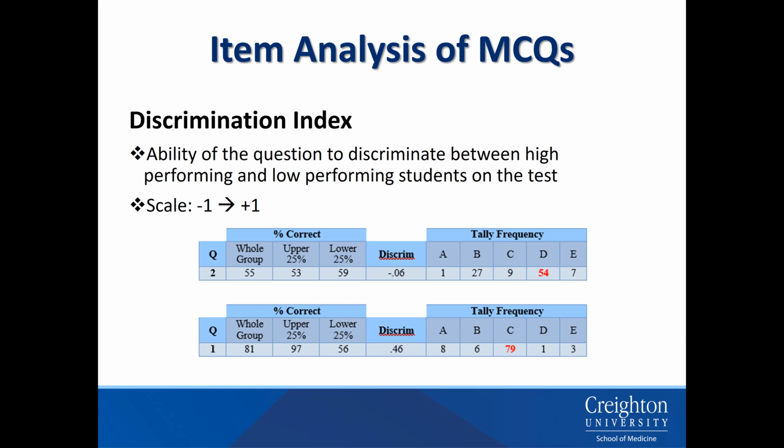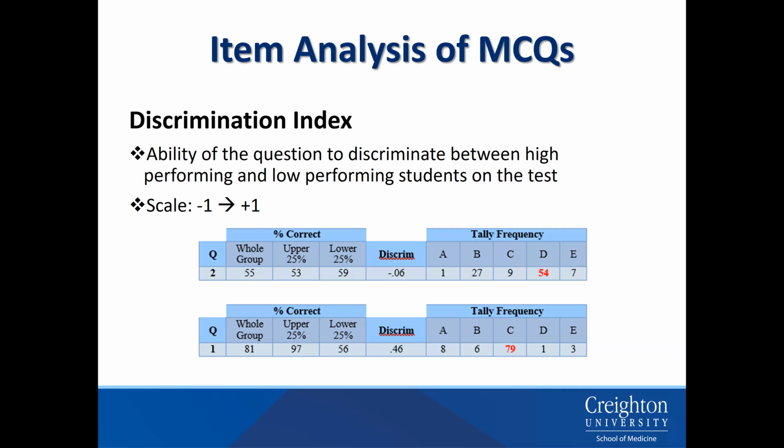And in this case, 54 students got this question correct, 27 answered B, but more of the lower quartile of students got it correct than the upper quartile. So it's got a negative discrimination index, also something we don't want to see. Okay.